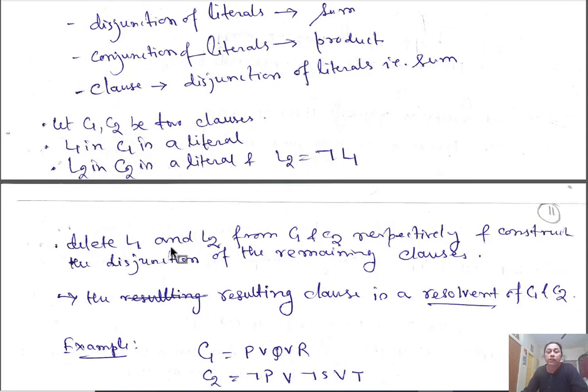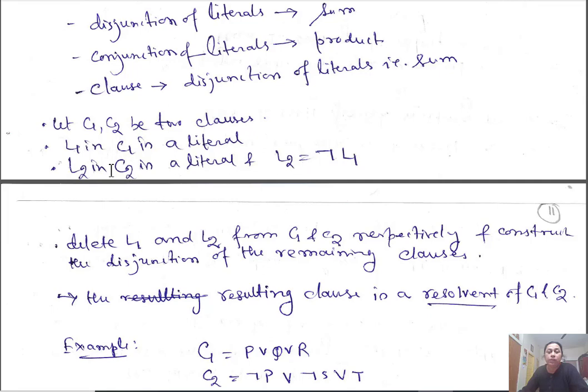Since L1 and L2 are negations of each other, you can delete L1 and L2 from C1 and C2 respectively and construct a disjunction of the remaining literals.